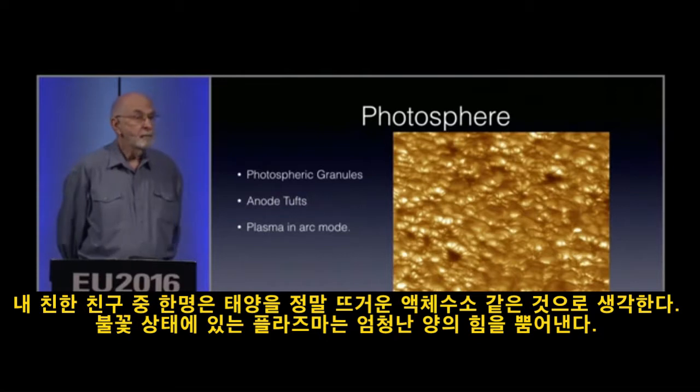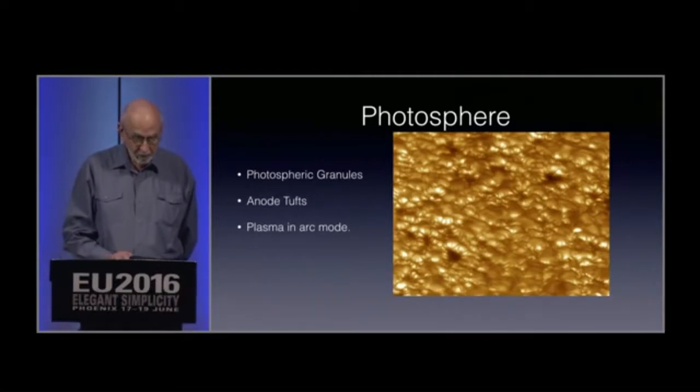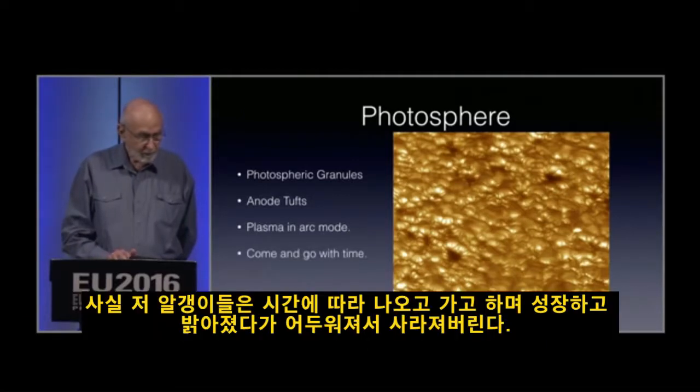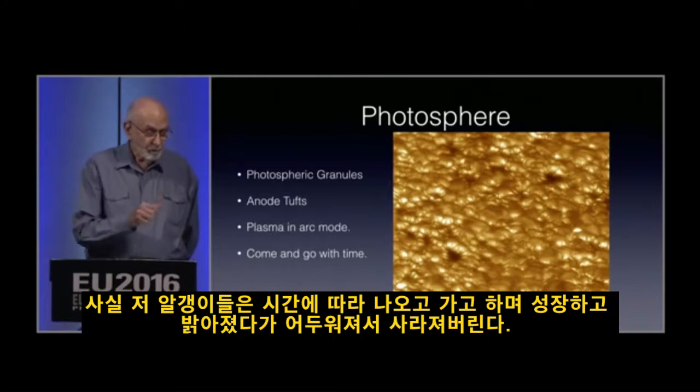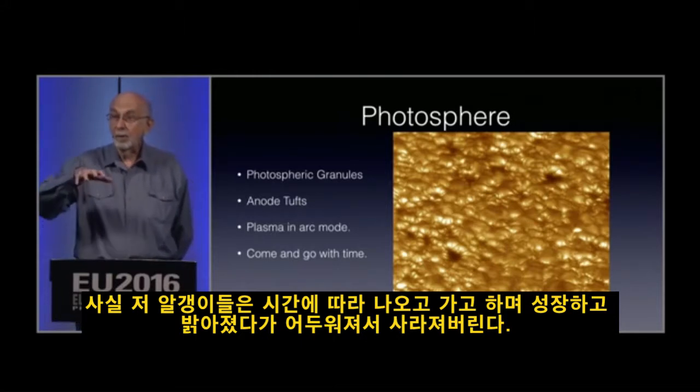Even one of my good friends thinks the sun is liquid hydrogen or something. It better be pretty hot liquid, because plasma in the arc mode puts out a horrific amount of power. And I should say those granules come and go with time. They grow, they get bright, then they shrink and they go away.